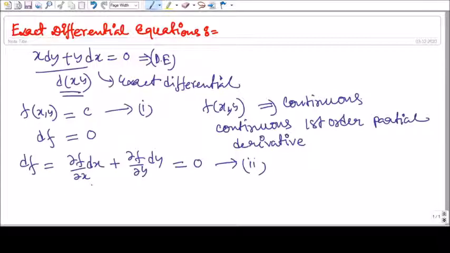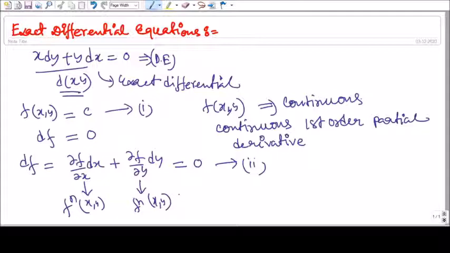Now del f del x is also a function of x and y, and del f del y is also a function of x and y.